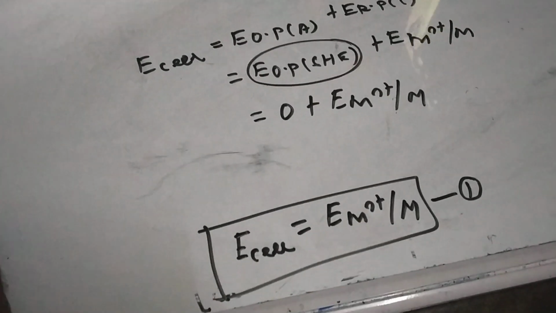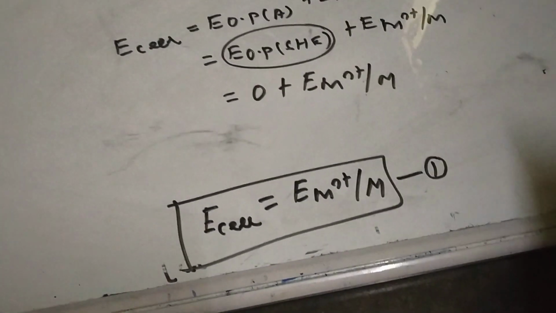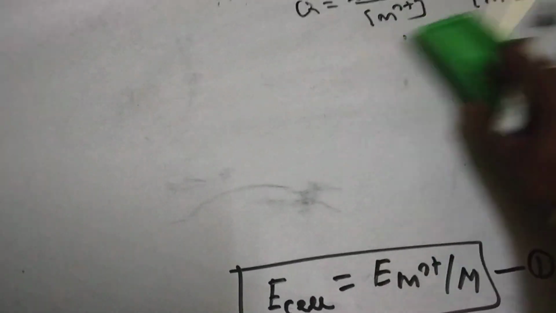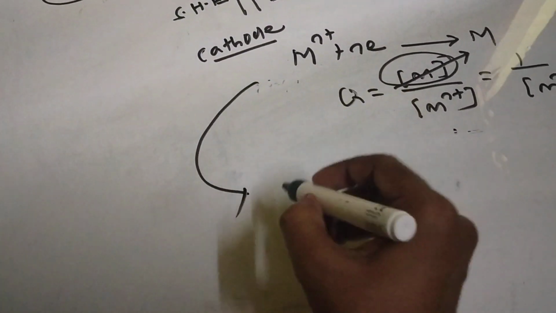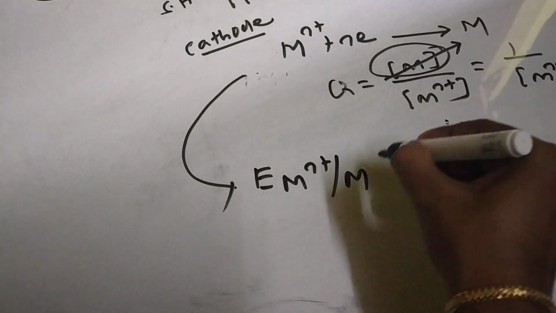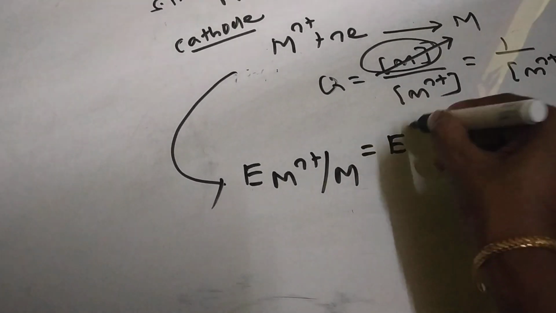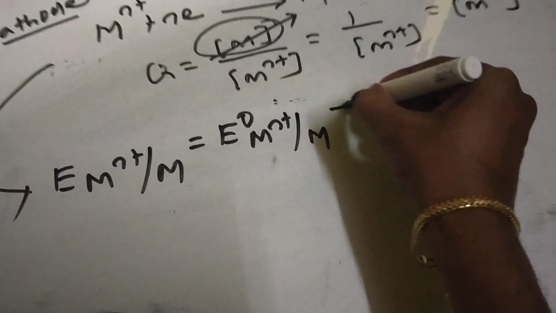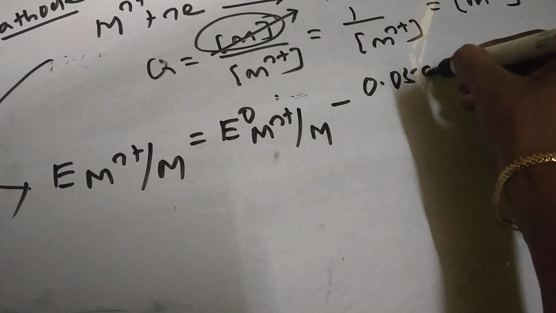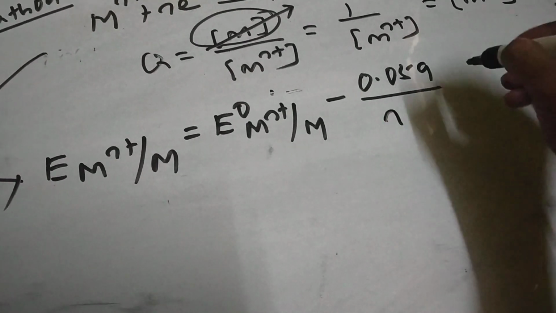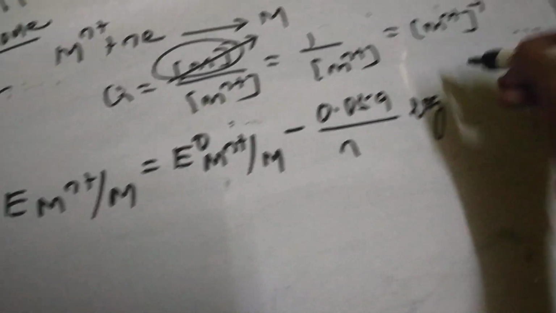Here I want to again apply the Nernst equation for the reduction at the cathode. E of Mn+ to M is equal to E naught of Mn+ to M minus 0.059 by n into log Q. And what is the Q value?